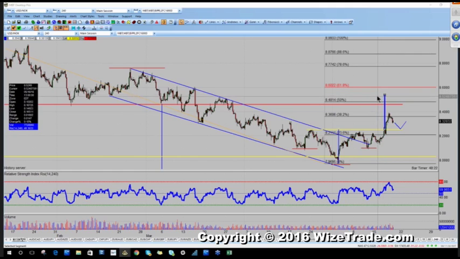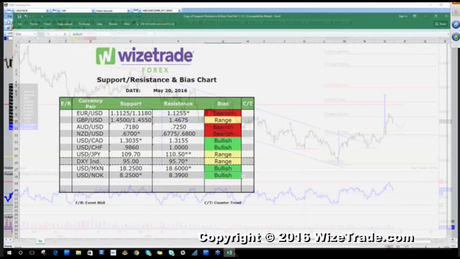All right, so 854 is probably where we're going to go in the US dollar Norwegian Krona over time. Not necessarily right at this moment in time, but over time. So that means you want to buy dips and continue to target up towards this level. Now, that's just giving you a longer term view.